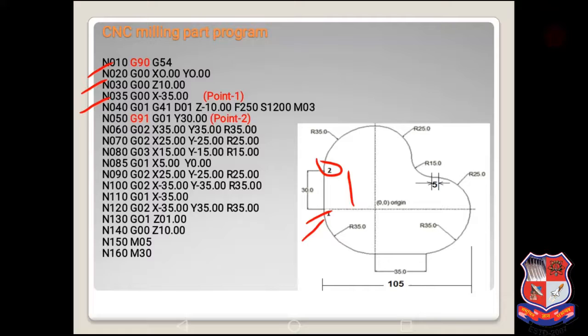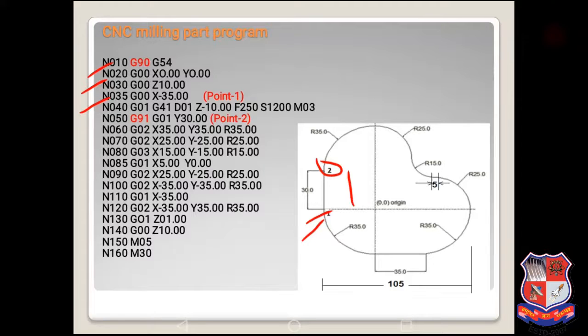But here the geometry has so many curvature parts and the origin is also in between the parts, so it is better to use incremental programming mode rather than absolute mode, because there may be a possibility of dimensional error, and to prepare the perfect part program for this geometry we have to change the programming mode from absolute to incremental.